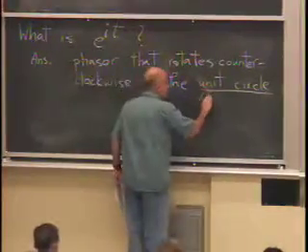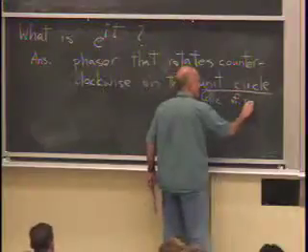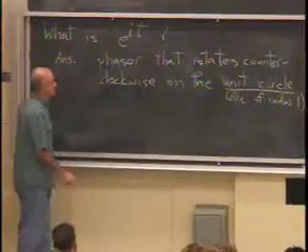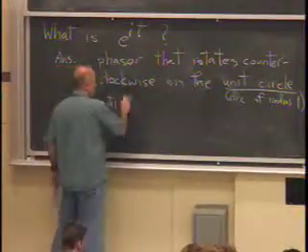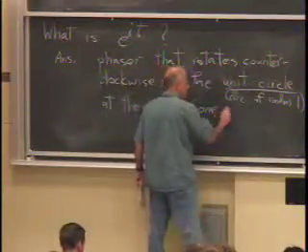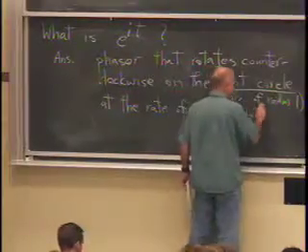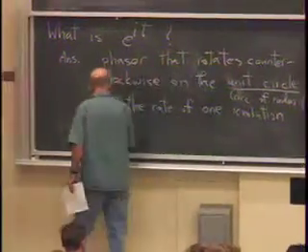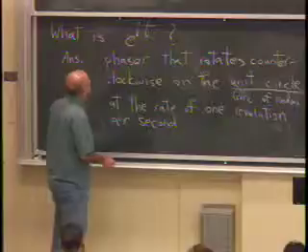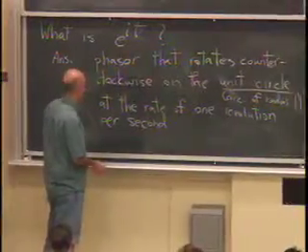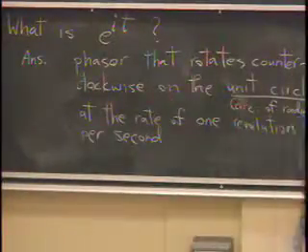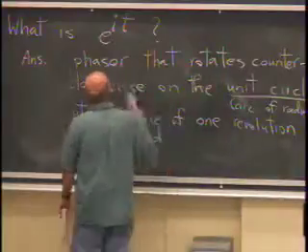So this is the circle of radius 1, at the rate of one revolution per, oh, sorry, no, that's not one revolution every 2 pi seconds.